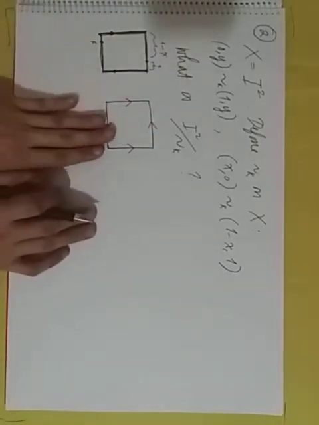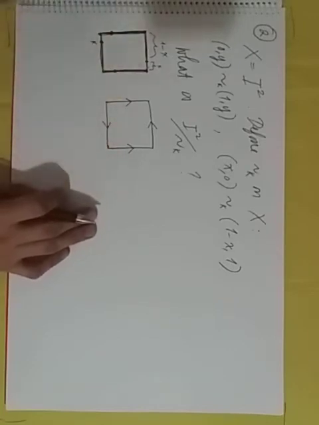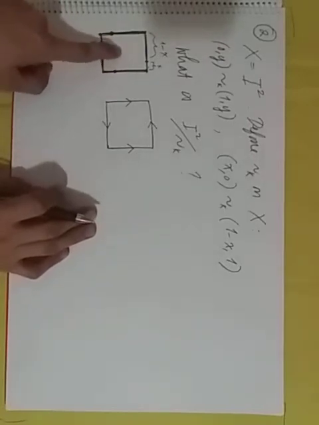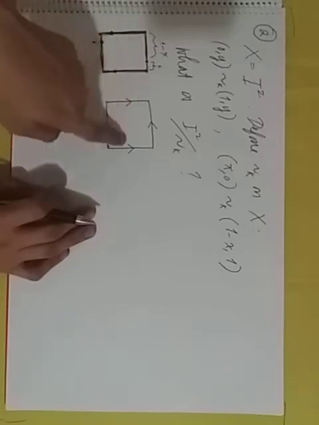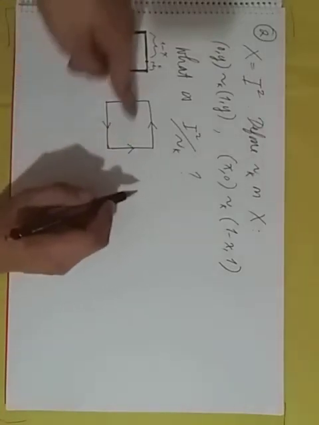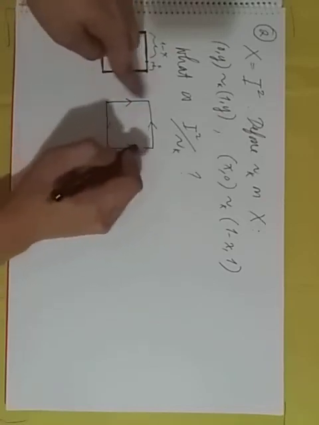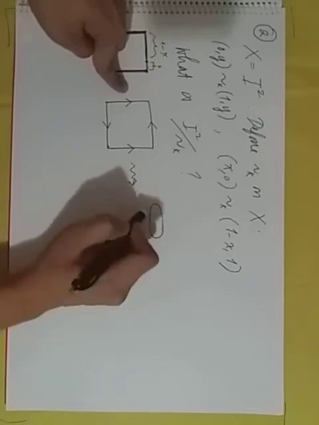Okay, so what will we get if we, again, in the past example, when we identify the opposite edges of this square, we got the torus. Dito kaya, ano makukuha natin? So again, let's do it step by step, no? So identifying these two line segments give us a cylinder.